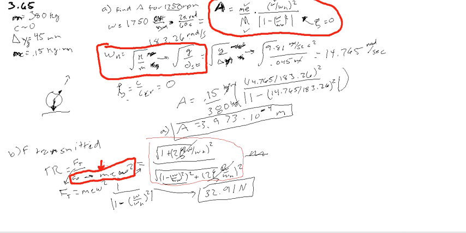This m is not the whole machine. This is just the imbalanced part. We don't know what it is, but we do know that m times e is the rotational imbalance. If it tells you it's rotational imbalance, then it's not e, it's me. Okay, so that should be all of it.